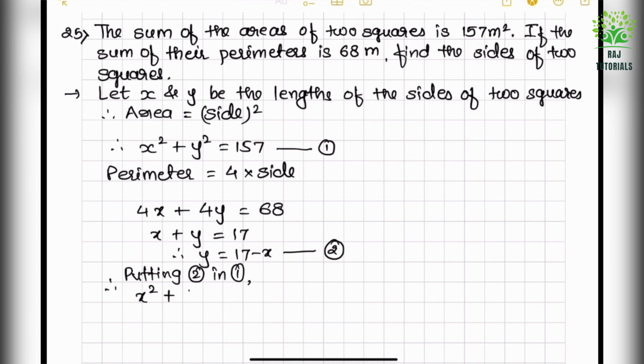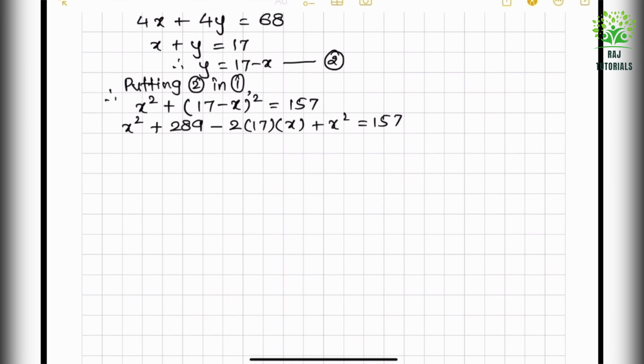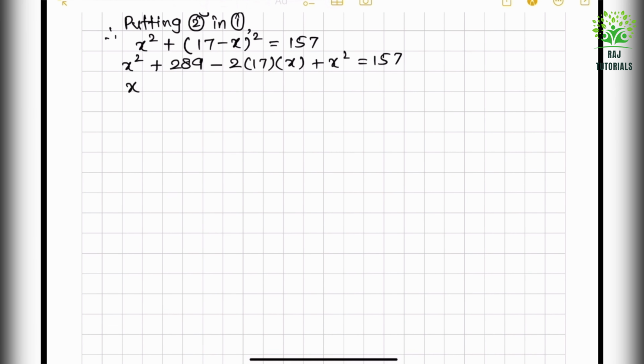So therefore I will have x square plus (17 minus x) whole square equal to 157. When I open the bracket I will have x square plus 17 square, which is 289, minus 2 into 17 into x, plus x square equal to 157.